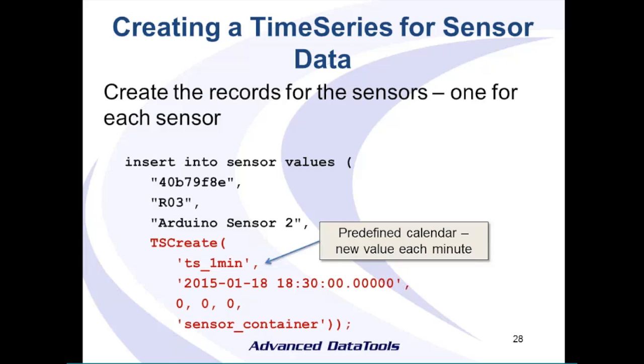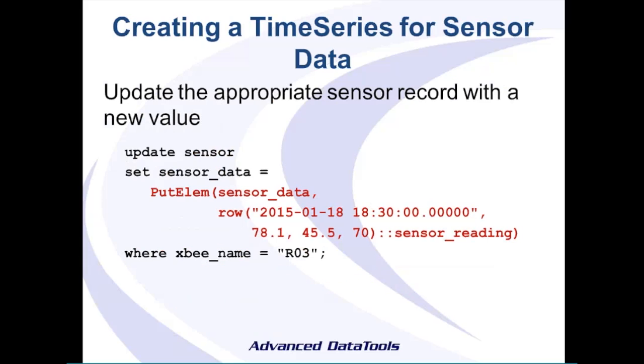So here's my insert to create an empty sensor record. I specify the container and the calendar. And now when I start getting my data in, I just run a simple update. So I update the sensor record for the particular record I'm looking for, in this case where the XB name is R03.